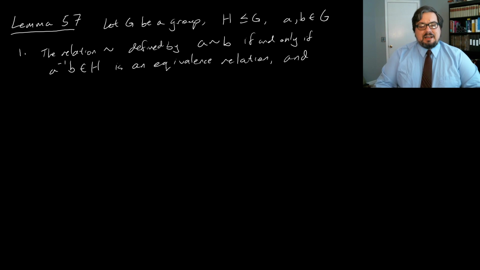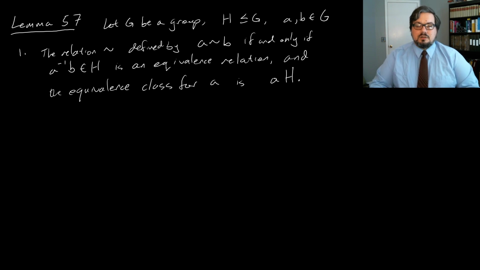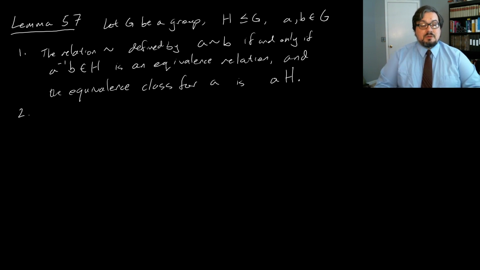So we want to specify that the equivalence class for A is AH. So this is telling us that the cosets of a subgroup are in fact also equivalence classes under a particular equivalence relation, which we are going to take advantage of quite a lot.